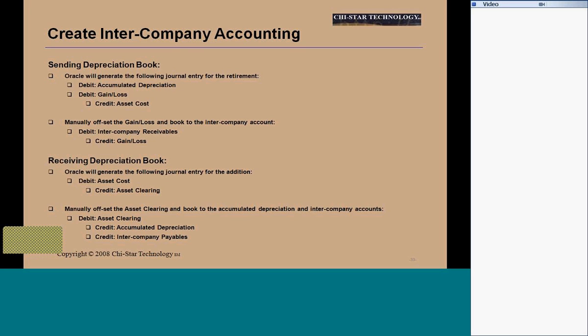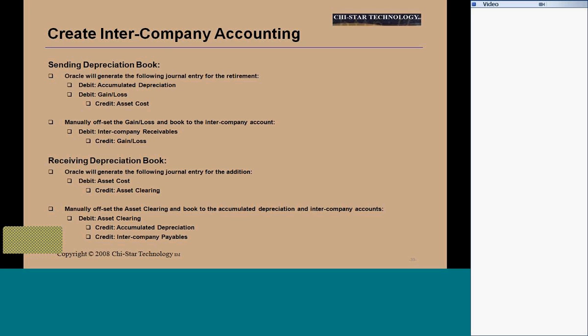Once I process my retirement and once I process my additions, I need to create intercompany accounts. The reason is that when I do the retirement, the journal entry that is created on my retirement is going to debit the accumulated depreciation, credit the asset cost, and book a gain and loss value.